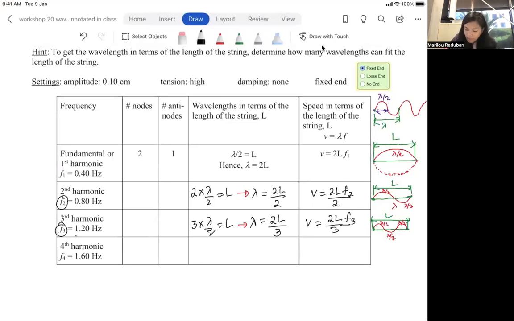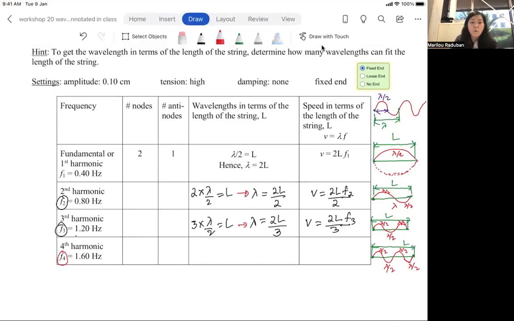If you do the same exercise for the 4th harmonic, F4, the pattern you'll see will be like this. Within the length of the string, that's half a wavelength, and half a wavelength.